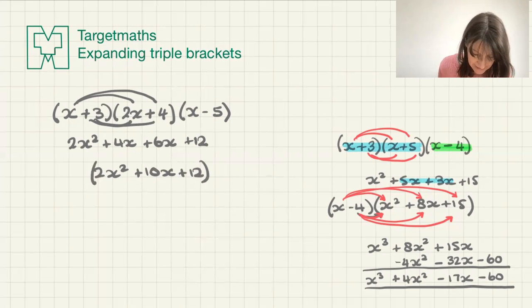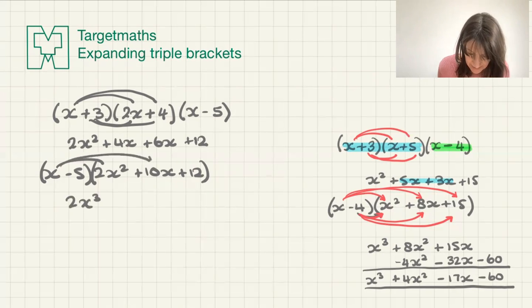All of that is going to be multiplied by the x minus 5. Okay, so x times 2x squared is 2x cubed. x times 10x is 10x squared, and x times 12 is plus 12x.